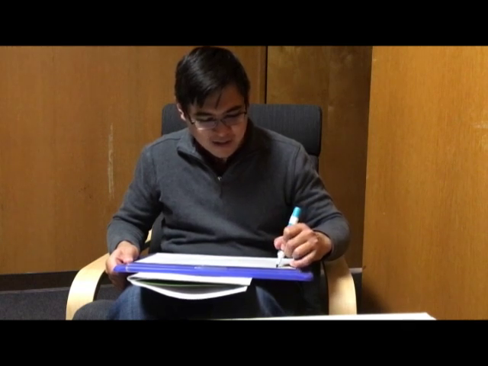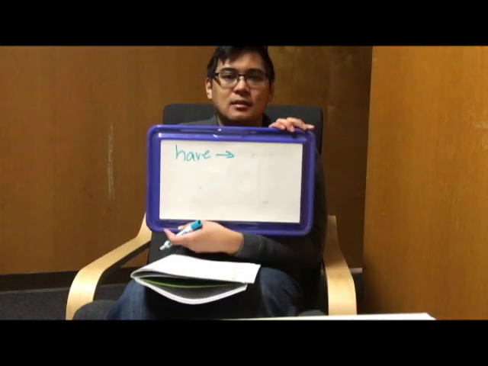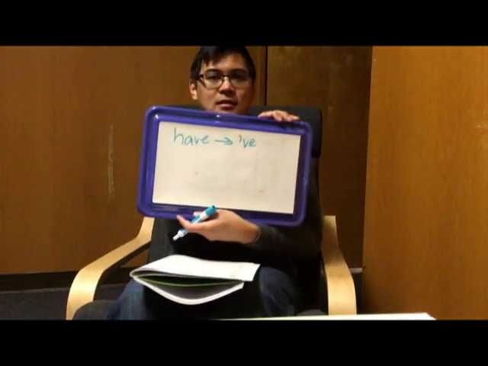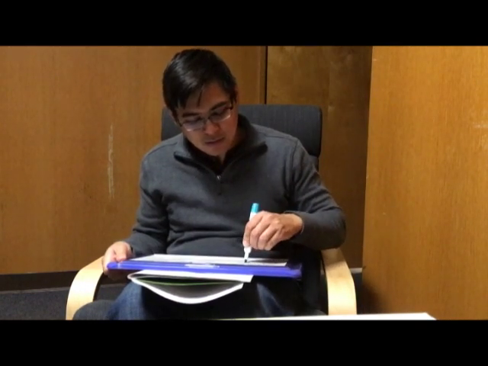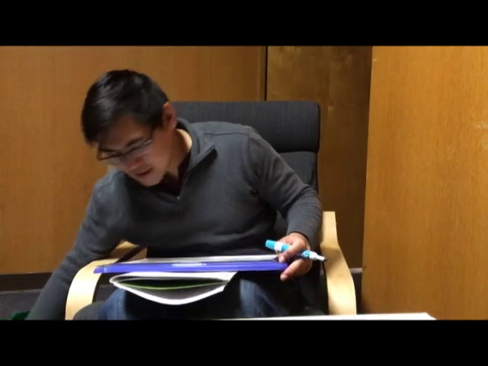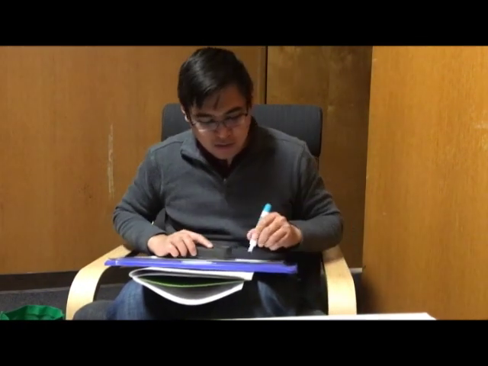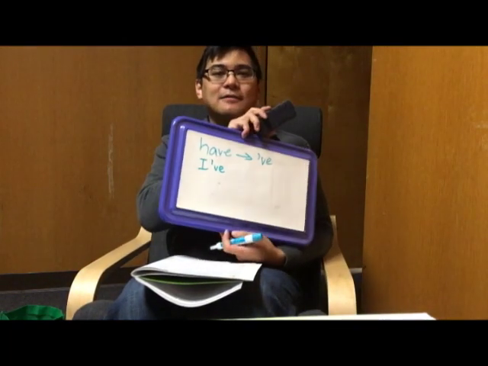So let's look at the example in the blue box. The word have will get shortened to just apostrophe VE. You've seen this before with things like I've.